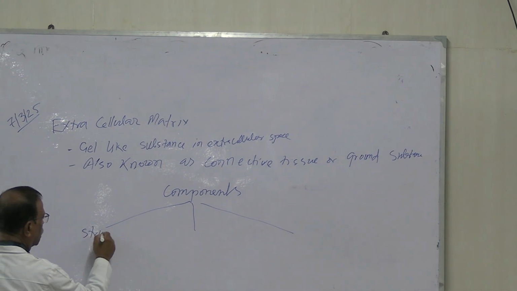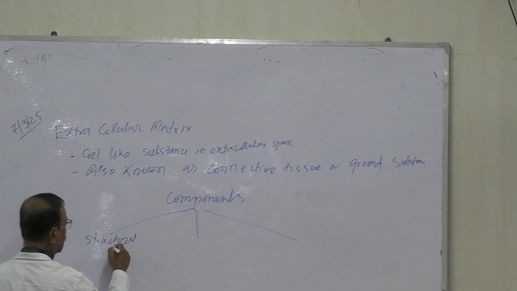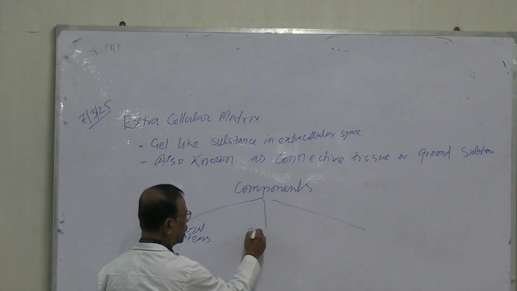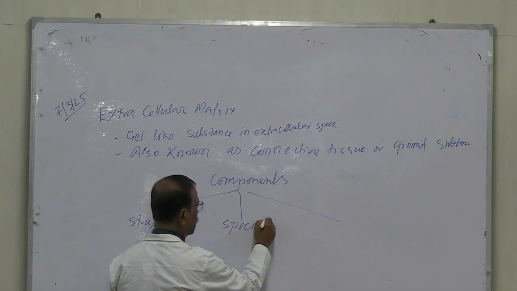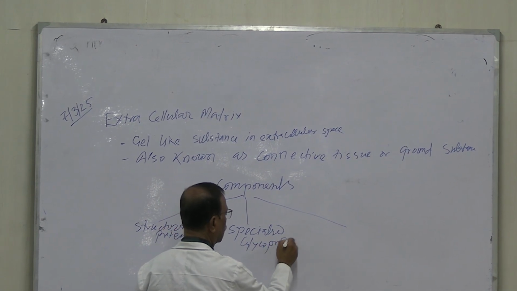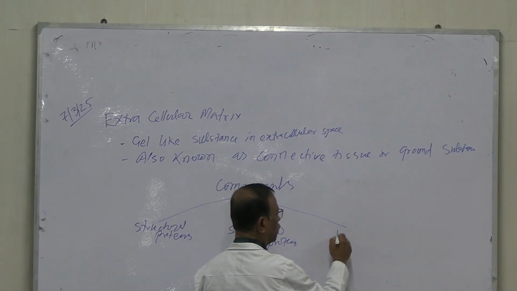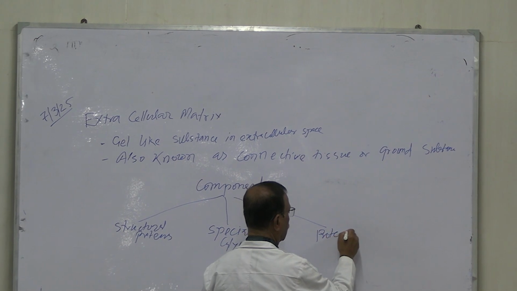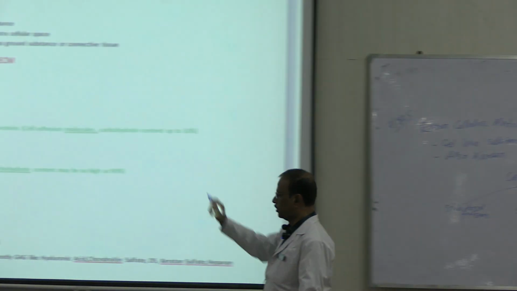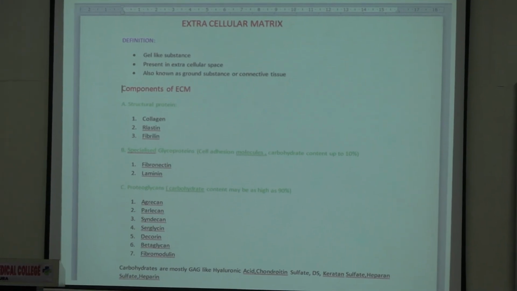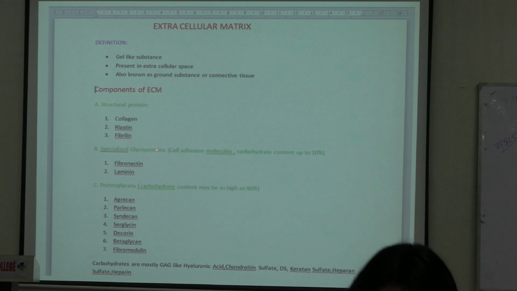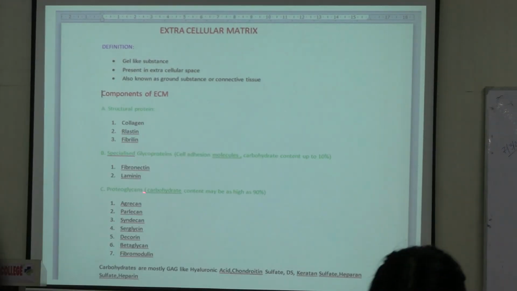Structural proteins, then specialized glycoproteins, and proteoglycans. Broadly we can say it has three components: structural protein, specialized glycoproteins, then proteoglycans.